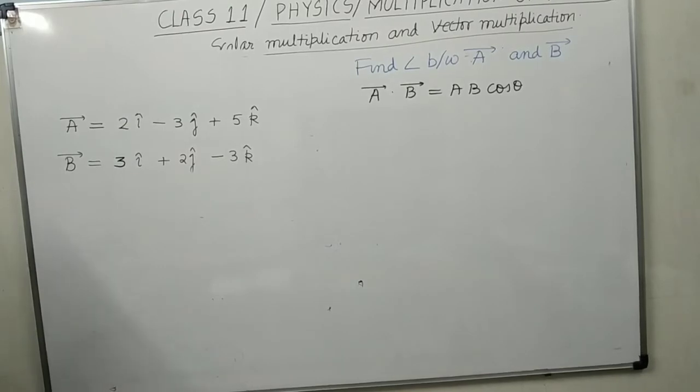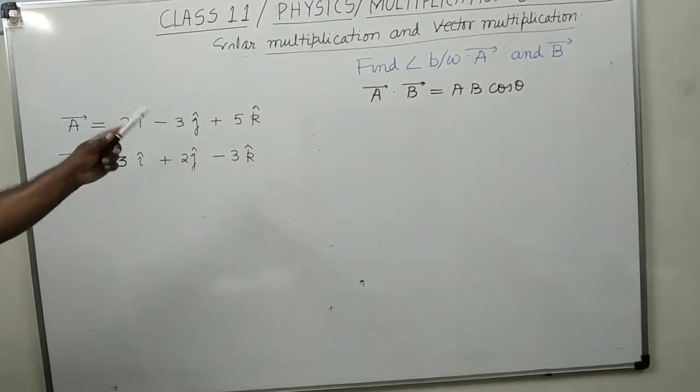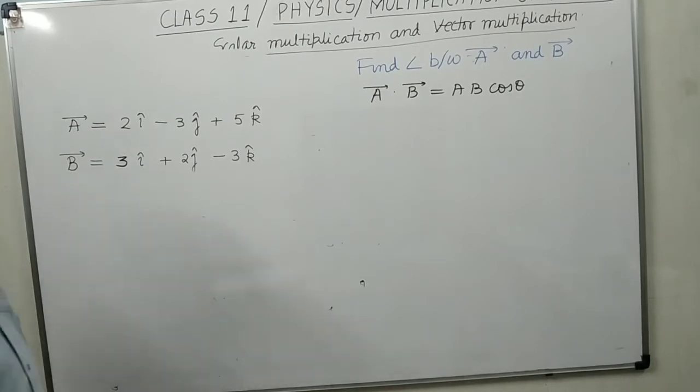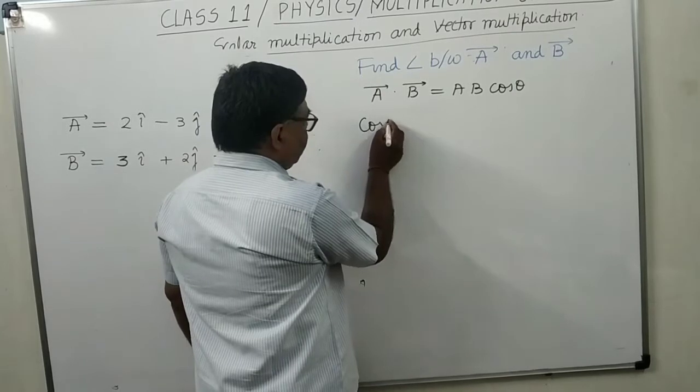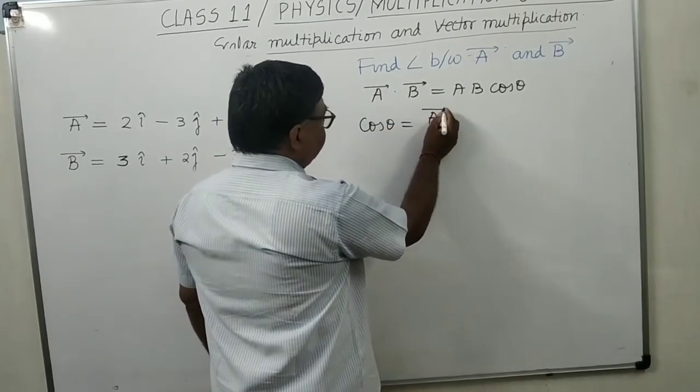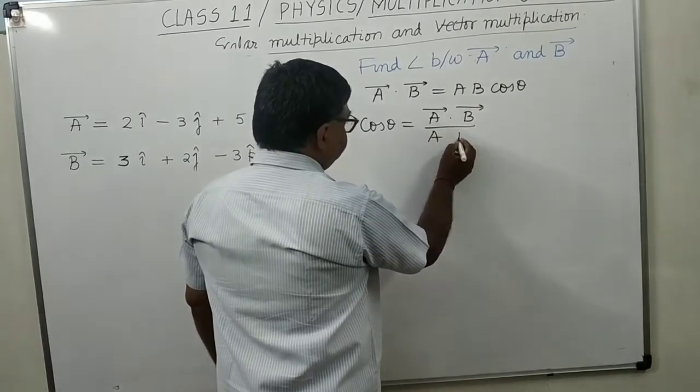So as you know, the angle between both the vectors will be theta, and that theta is related through the scalar product that way. Vector A dot vector B equals AB cos theta, means cos theta will be vector A dot vector B upon AB.